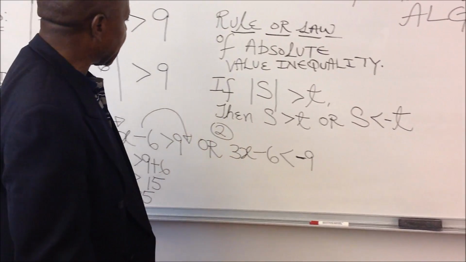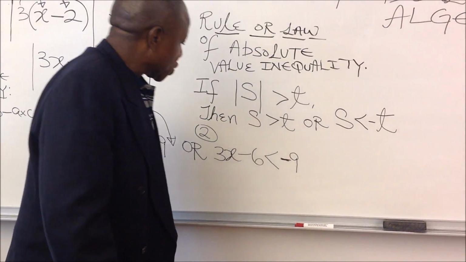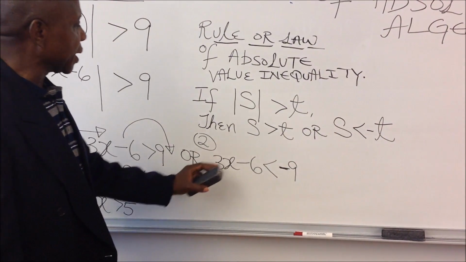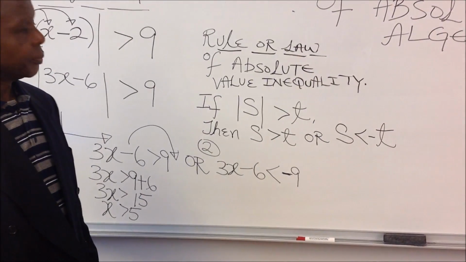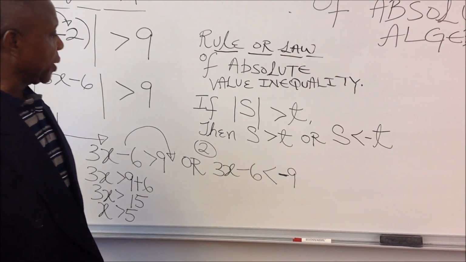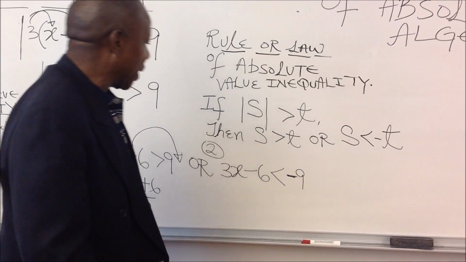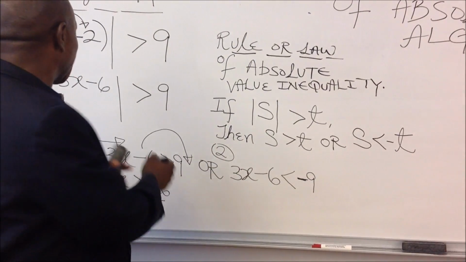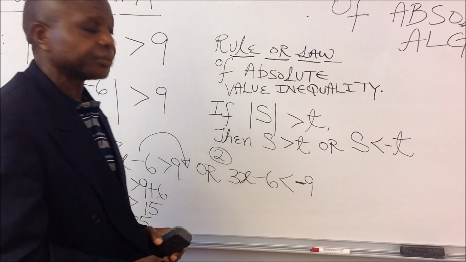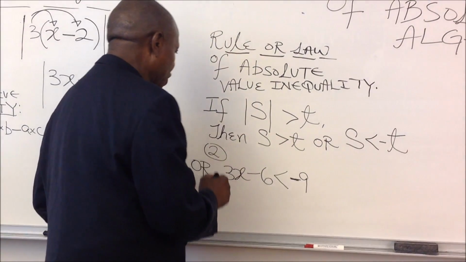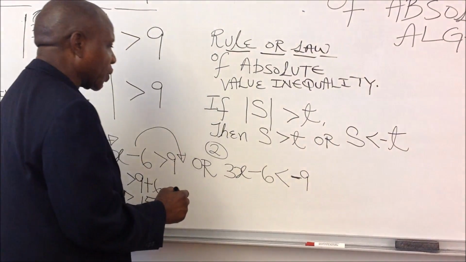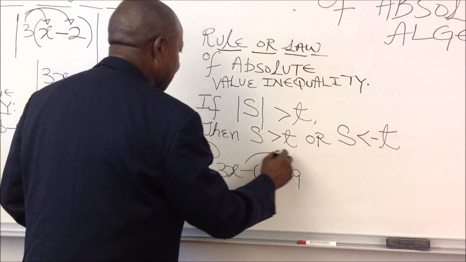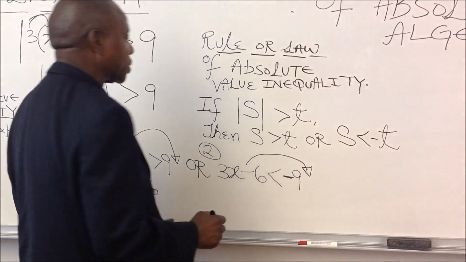So let us go next to solve the second inequality. How do we solve the second inequality? Again, we are going to use the same strategy we used in solving the first inequality. So at this point, we are going to move, again, the negative 6 to the right side of the inequality.